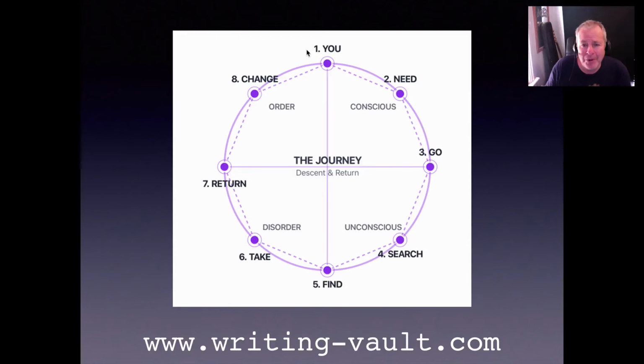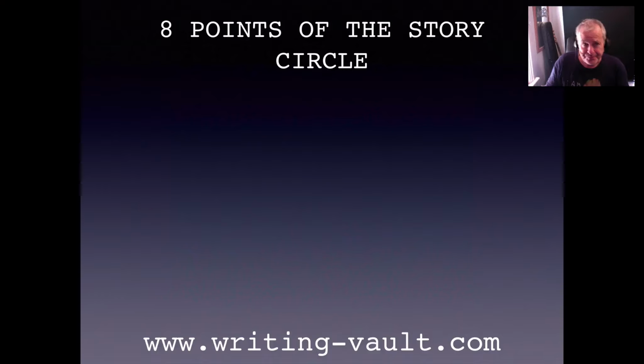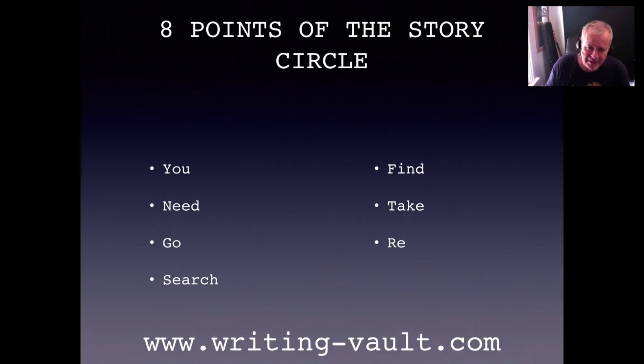And also, as they go on this journey, they go from the conscious mind into unconscious territory, then they go into disorder, and then they come back to order before they return back to stage 1. So 8 points of the story circle. As you just saw there: you, need, go, search, find, take, return, change.